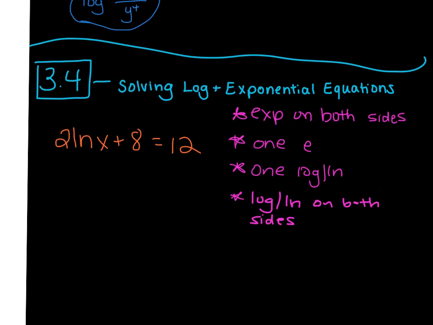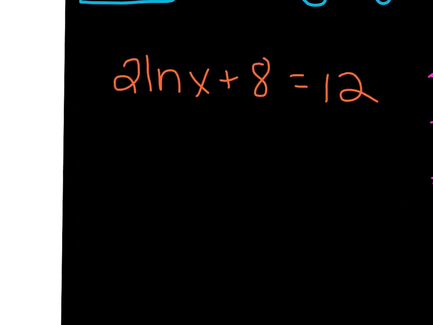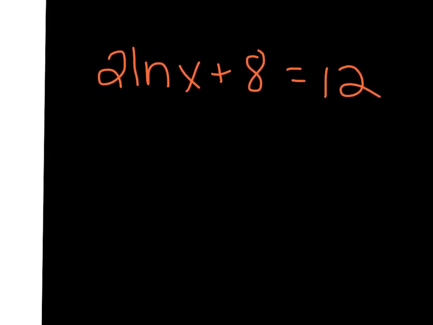So if you saw something like 2 ln of x plus 8 equals 12, this is an example where you have 1 log on one side, right? What's my goal there? I've got to get the ln of x by itself, yeah? And then make it log base e and get it into exponential. So I would subtract the 8 from both sides.